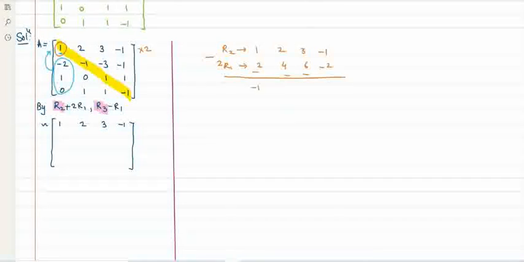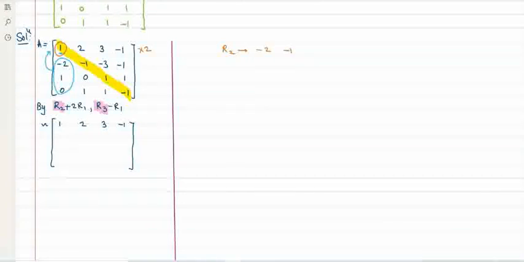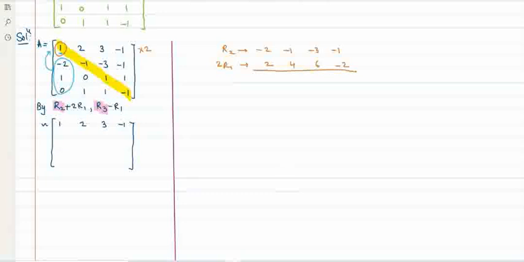Their addition: -2 plus 2 is 0, -1 plus 4 is 3, -3 plus 6 is 3, -1 plus -2 is -3.